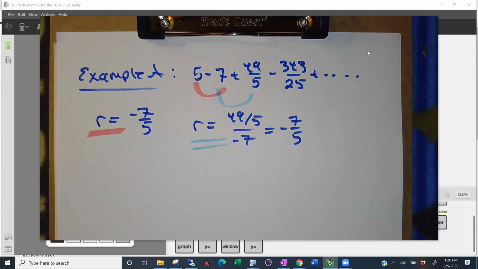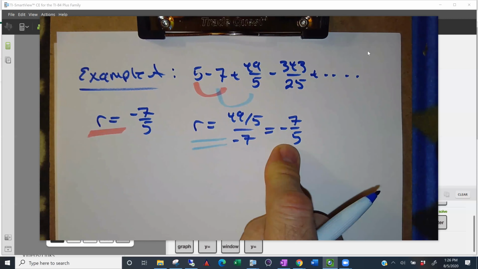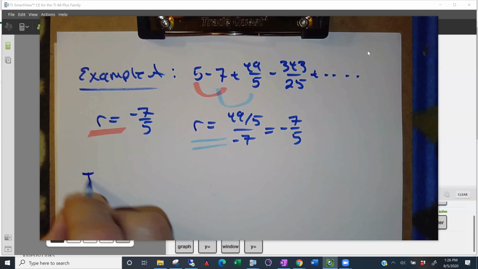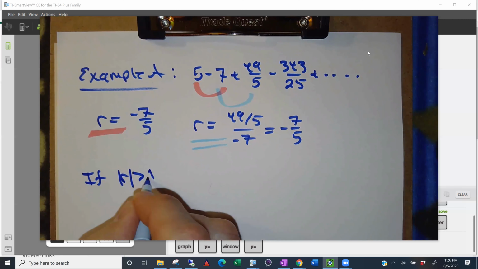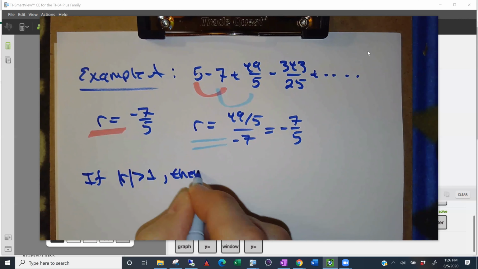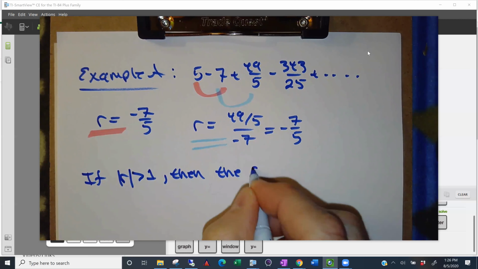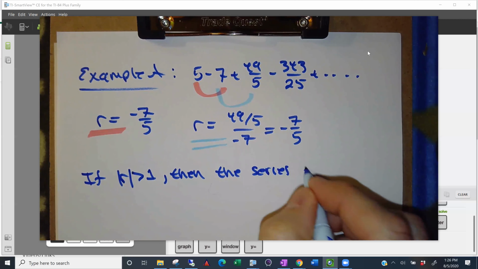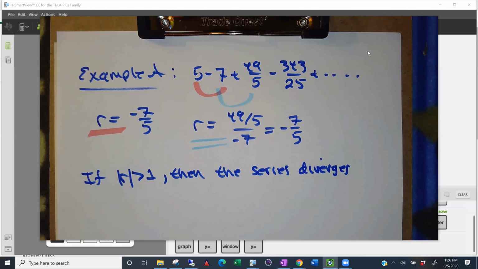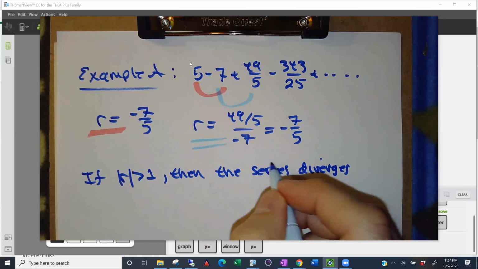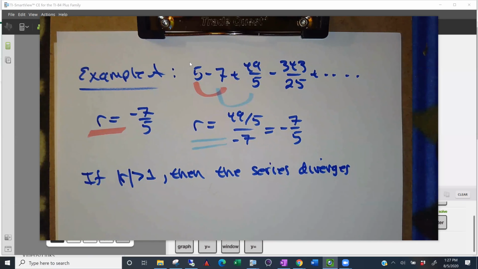So what does that tell me about the series? Well, if the absolute value of r is greater than 1, then the series diverges. Diverges means it doesn't converge, so it sums up to infinity in some loose sense.